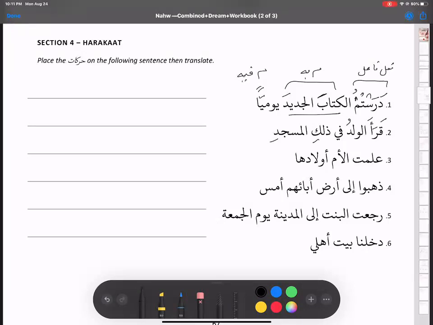Because fi is giving kasra to this dhalika, and this pointer fragment will take the same thing as this one has. So dhalika will stay dhalika, right? Fi dhalikal masjid. Yeah, but we know that this is majroor.